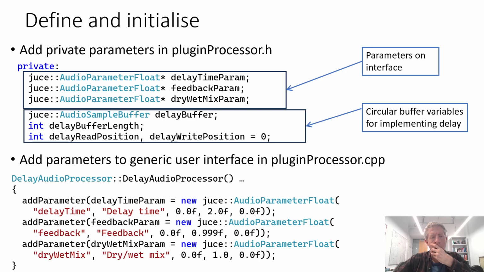Okay, so now, just to clarify what had been said, we have in the header file defining the parameters that are on the interface, and then defining the parameters that we'll need to keep track of for the circular buffers.